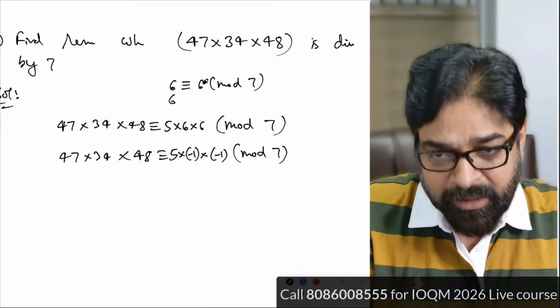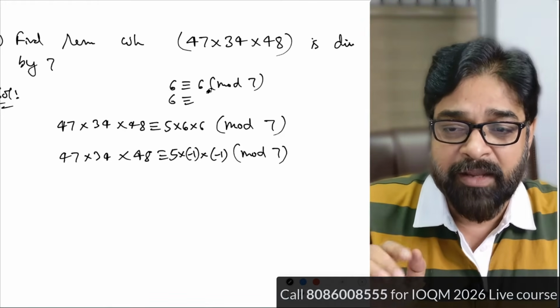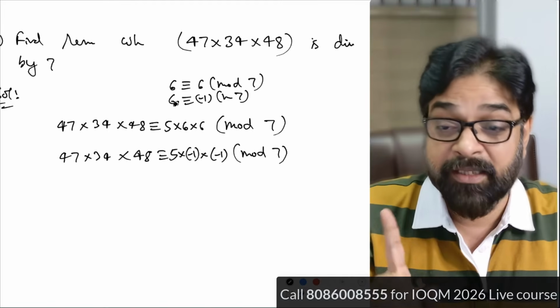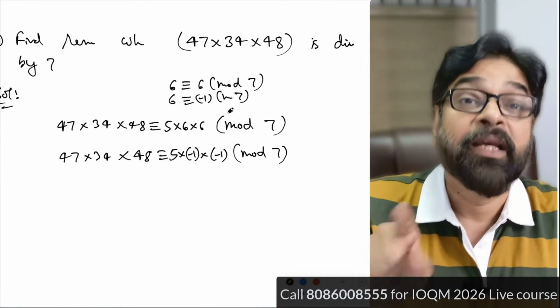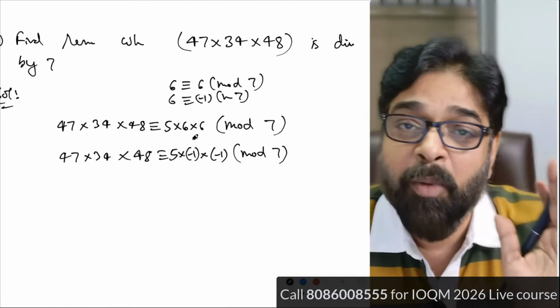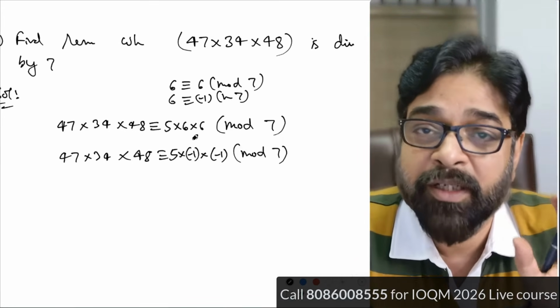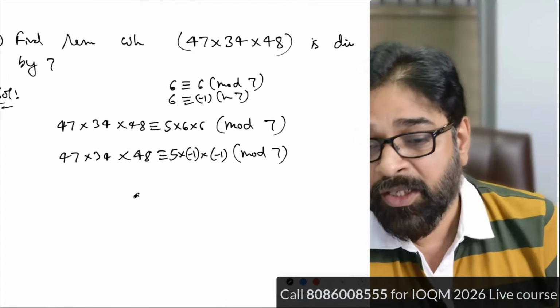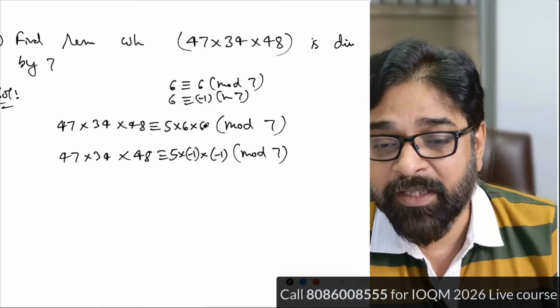So this side I will not touch, and this side I will subtract 7. So that will come -1 modulo 7. That means 6 can be replaced by -1 in the language of modular arithmetic. Are you able to understand my point? Yes. So that is why this 6 I replace by -1, this 6 I replace by -1.